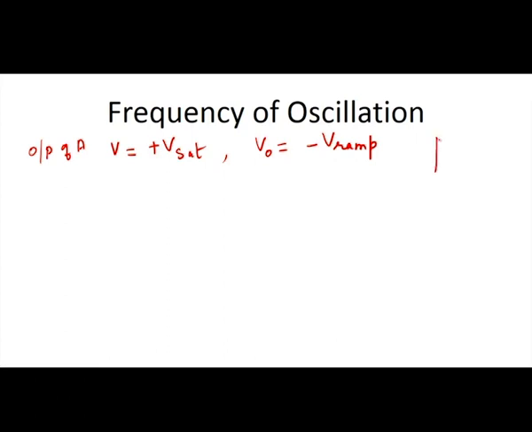So, consider this is the circuit. As of now, I am considering only the first half of the circuit. So, here this is P. I am taking this voltage as plus V saturation now, and here you have another resistor R2. Here, the output of A is plus V saturation, and here it is minus V ramp.